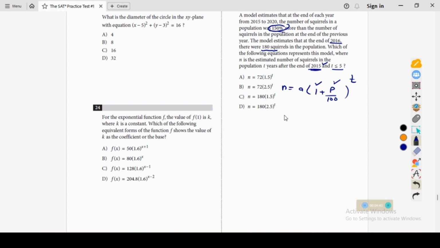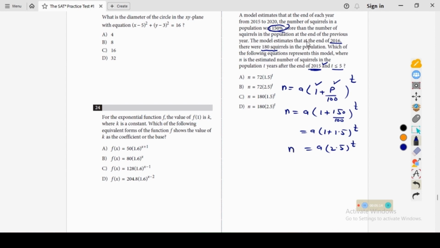So this equation becomes n equals a times (1 plus 150 over 100) whole raised to the power t, and it becomes a times (1 plus 1.5) whole raised to the power t, and it becomes a times 2.5 whole raised to the power t.